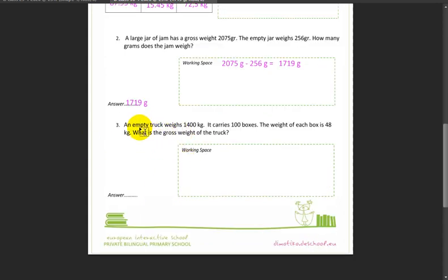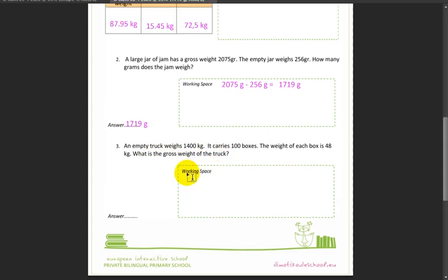Next up. An empty truck weighs 1,400 kilograms. It carries 100 boxes. The weight of each box is 48 kilograms. What is the gross weight of the truck? So here, it's not giving us any of the weights, but it is telling us which one we're looking for. We are looking for the gross weight. If you remember from the formulas, to find the gross weight, we need to add the other two.